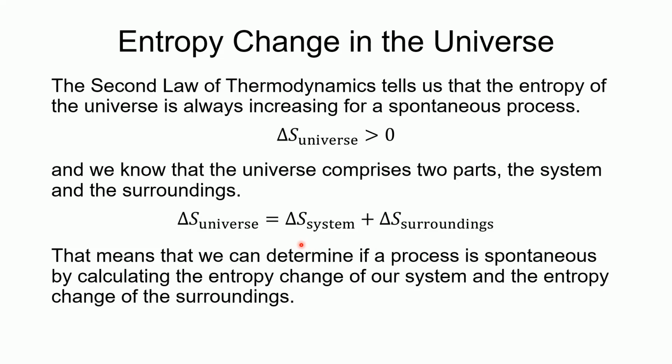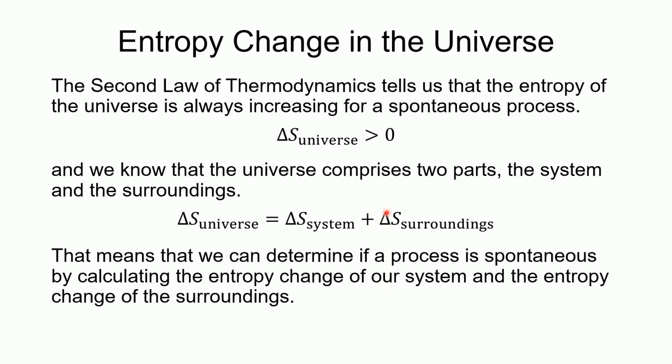So we can determine if a process is spontaneous by calculating delta S of the universe and seeing if it's positive. If it's positive, then yeah, the process is spontaneous. Doesn't mean it'll happen, but it will tell us if it is spontaneous.